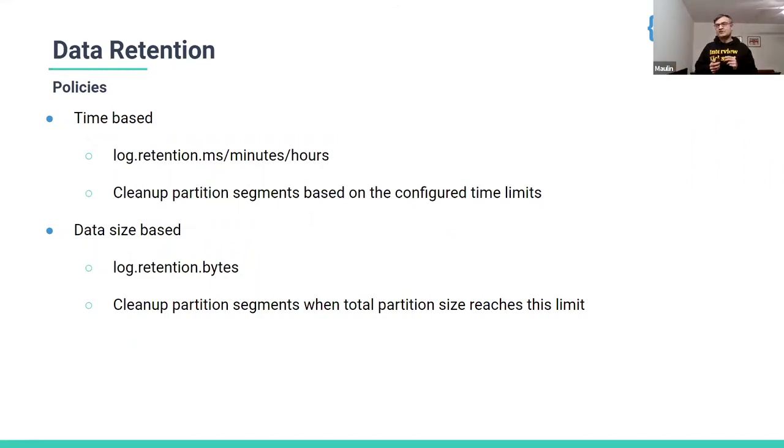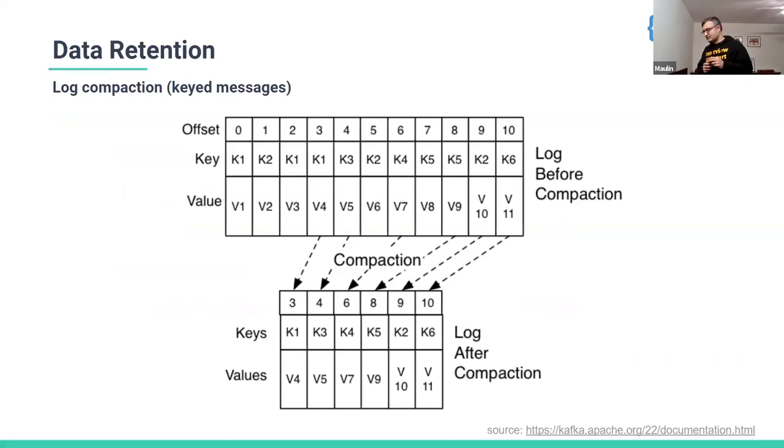But before we talk about how the cleanup works, one other important concept you need to keep in mind is log compaction. Remember how we talked about messages having keys and values? When you have keys and values in the messages, there is a potential to save disk space.